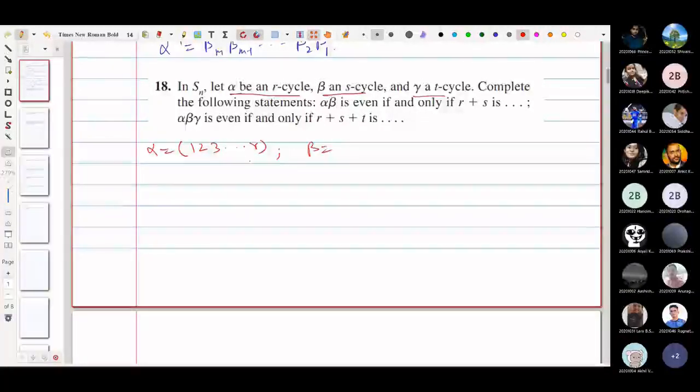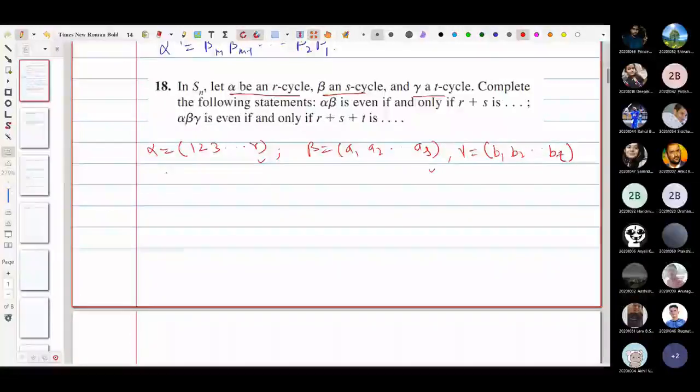We can repeat symbols, there is absolutely no problem. Suppose for example A1, A2 up to AS. And then we have gamma, which is a T cycle. We can write, for example, B1, B2 up to BT.